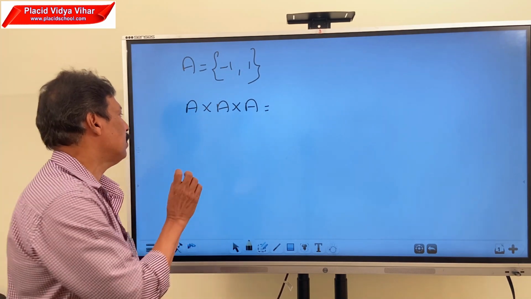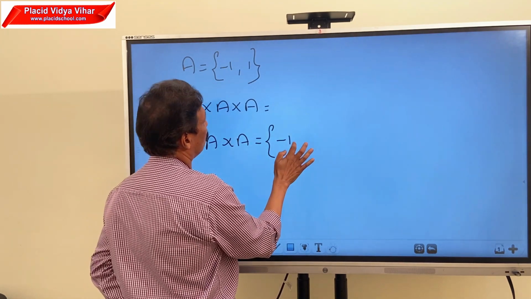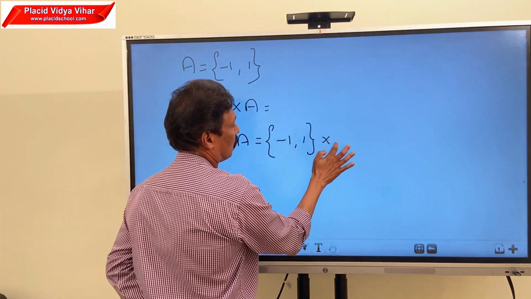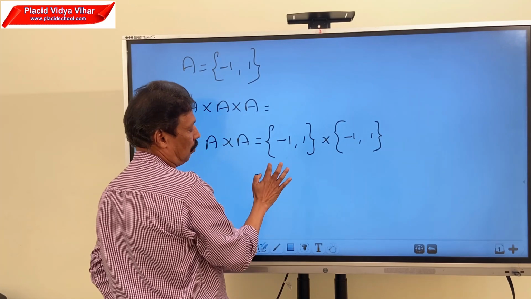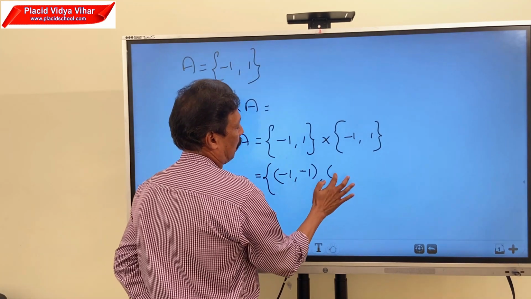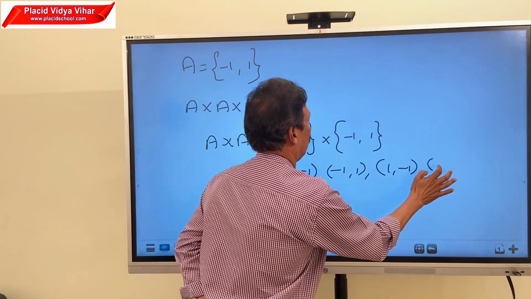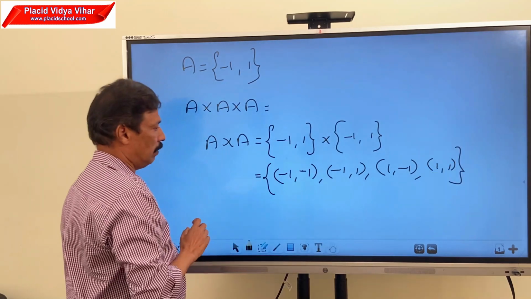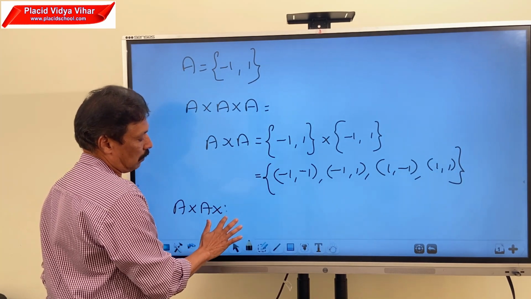The second method: first we find A cross A, that is the set {-1, 1} cross the set {-1, 1}. Our ordered pairs are (-1, 1), (-1, 1), and then we can find A cross A.